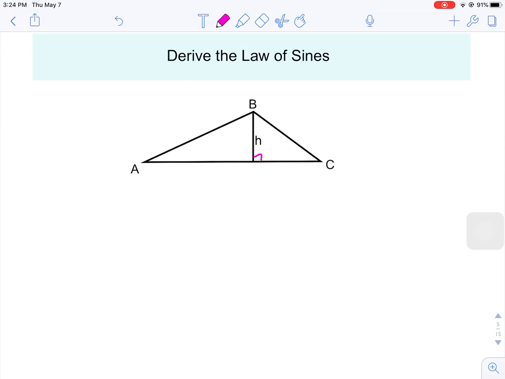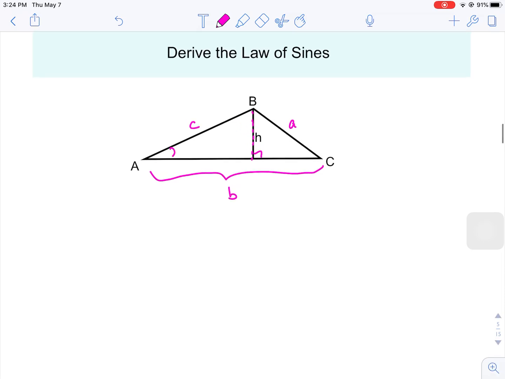So I've drawn this triangle in, and I've drawn an altitude to the third side, and I've called it the height. I really don't want the h in my formula because I don't want to find the height every single time. So let's label our sides. This would be side A, this would be side C, and this would be side B, but we're not going to quite use that.